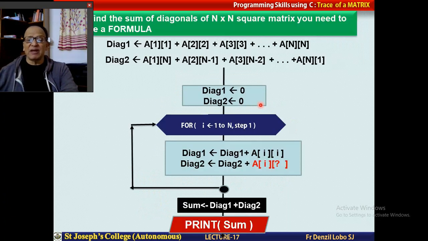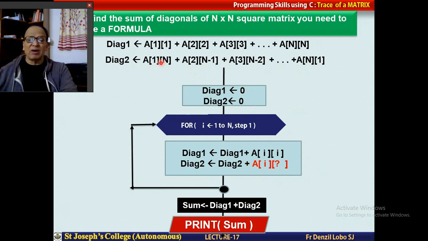The question is, we know the formula for diag 1, which is AII. Now, what is the formula for the second diagonal? We have initialized diag 2. Look at this formula: it is A1n, then A2, n minus 1, etc., until it comes to An1.